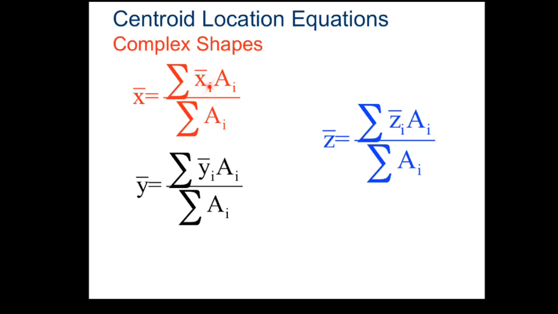So you'll find the centroid location on the x axis for each shape, multiply it by the area of each shape, and then add all those together. Then you'll divide it by the area of all of the shapes.